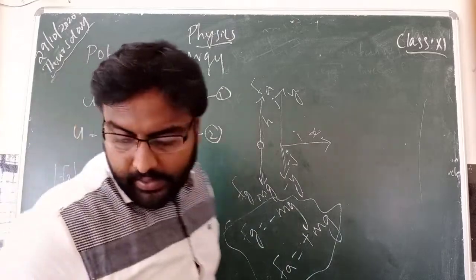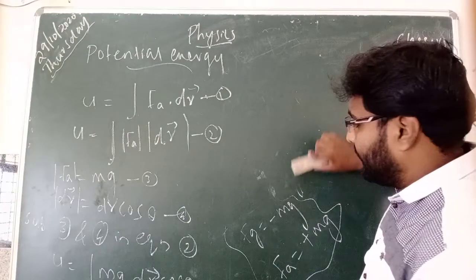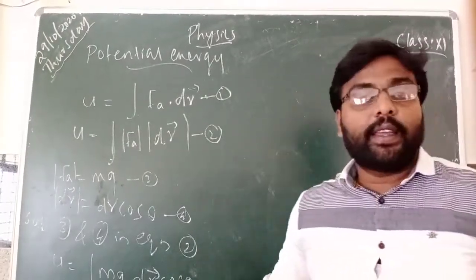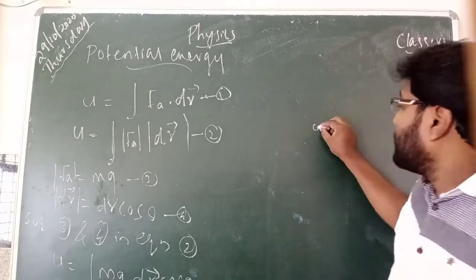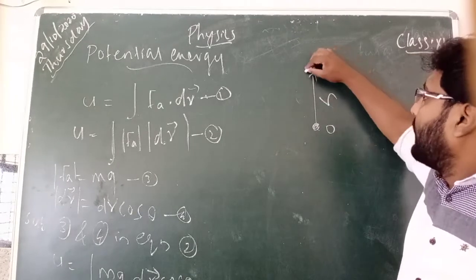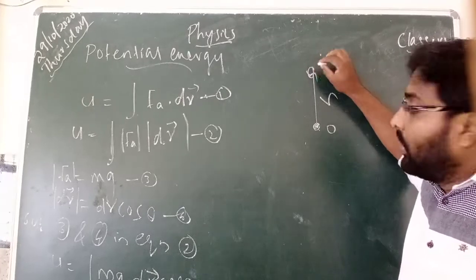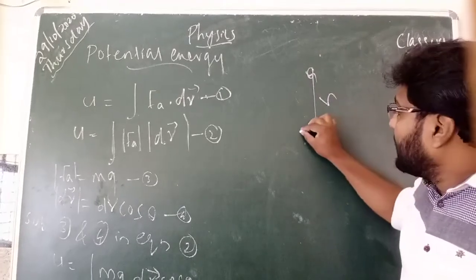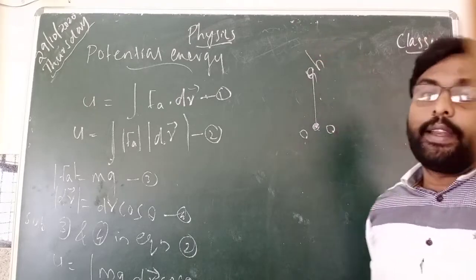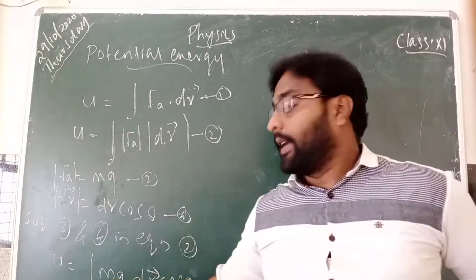Now listen here. This displacement dr is from what position? Initial position to some height. From an initial position to another position. So from this initial position, zero potential energy, it is lifted to some height. So this is the limit we can use to integrate this.